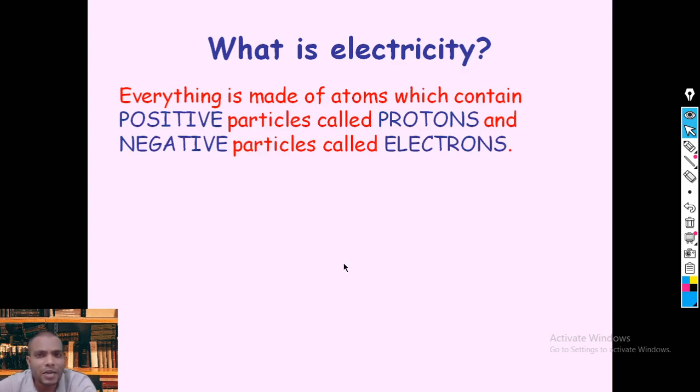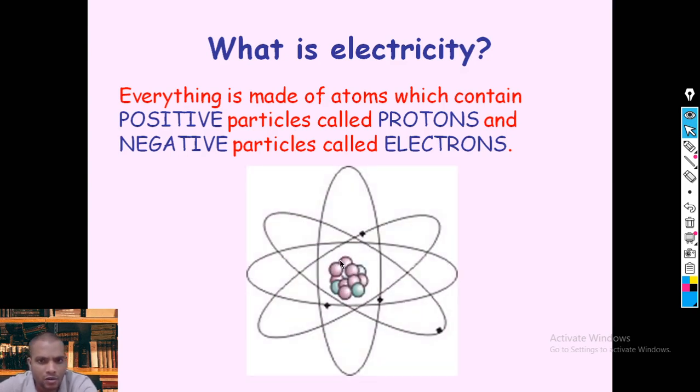Everything is made up of atoms, which contain positive particles called protons and negative particles called electrons. We have early knowledge of atomic models. In our previous classes we studied different atomic models like the Rutherford atomic model, Bohr atomic model and Thomson model.